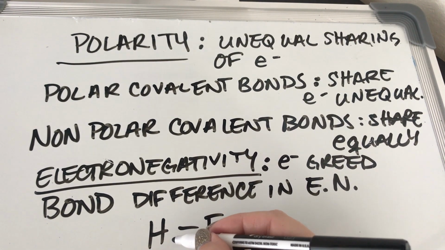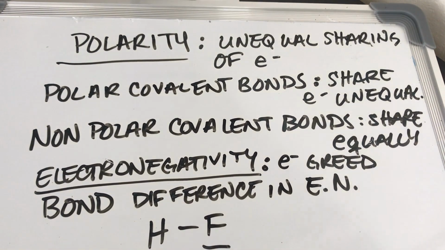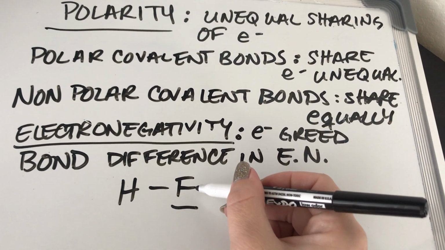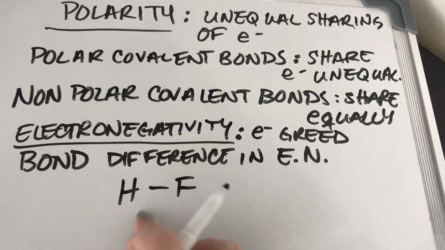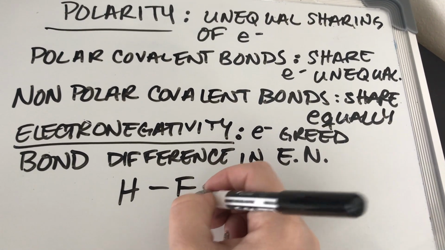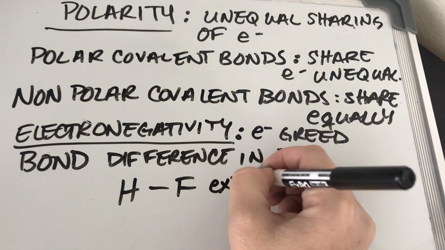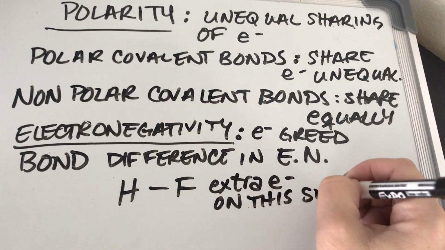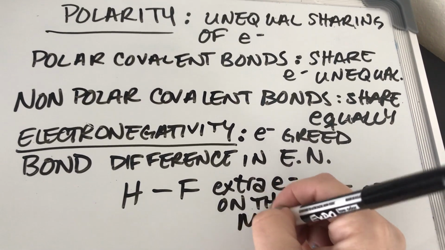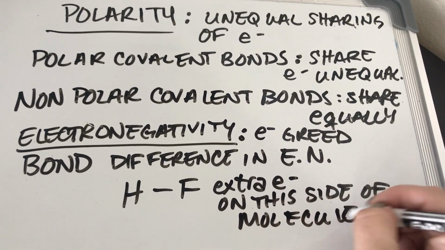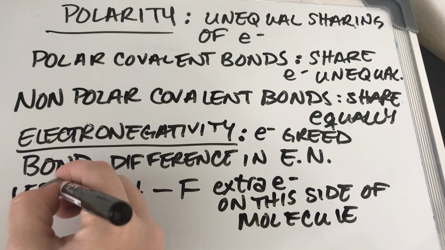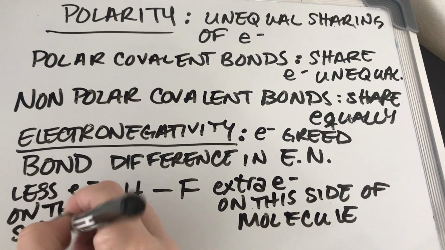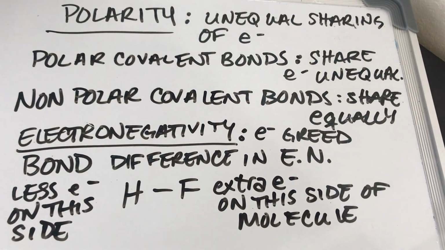Hydrogen, relatively speaking, is not very electronegative. Because fluorine wants to hog electrons, it's electron greedy, we're going to get extra electrons on this side, which means we will have fewer electrons on this side. That is a polar bond.